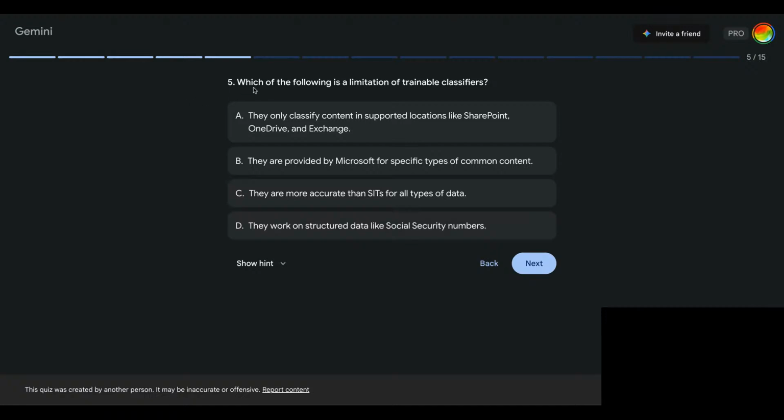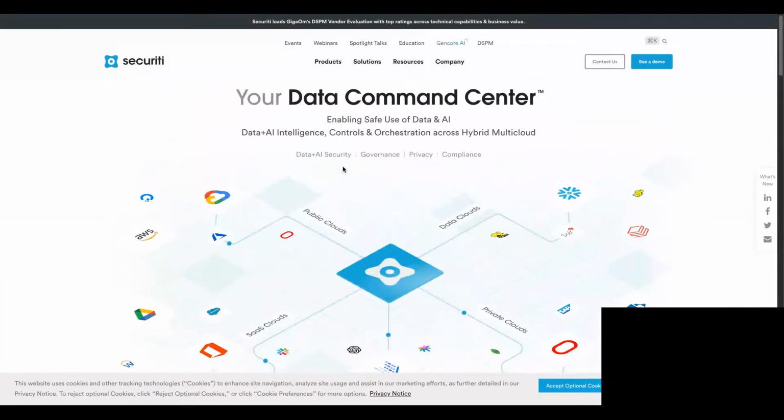Okay. Number five, which of the following is a limitation of a trainable classifier? So what's the limitation of a trainable classifier? I did give you an example. I did say I'm looking at this product, this application. What's the reason why I'm busy looking at this application?